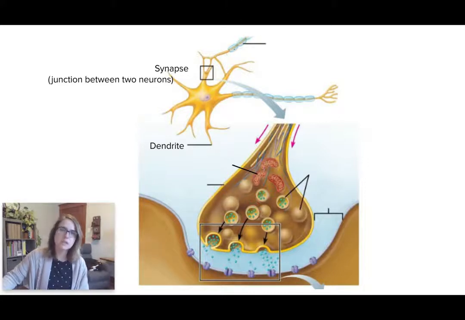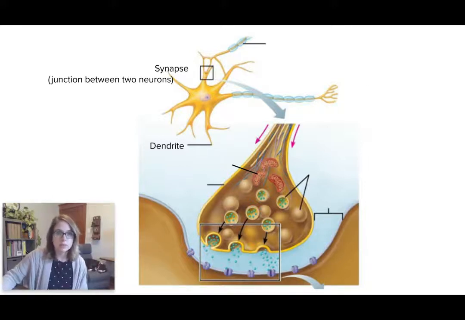Now, it's not called a dendrite when it's the tail end, like this piece right here of a neuron. Those are called the axon terminals, the end of the axon. Right here, we actually have axon terminals coming in contact with the dendrite of the next neuron.